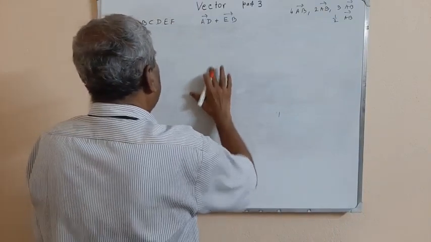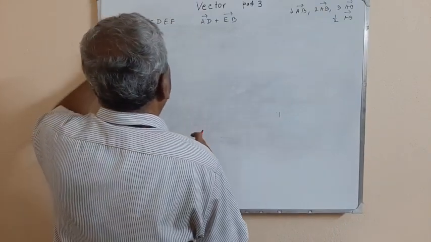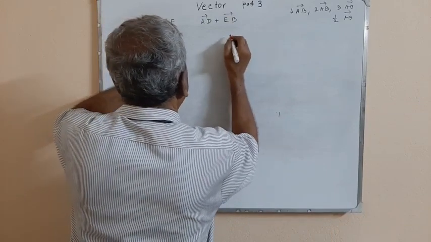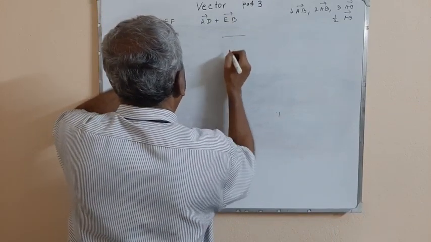The problem is, one hexagon is given, A, B, C, D, E, F. Suppose this is the hexagon.